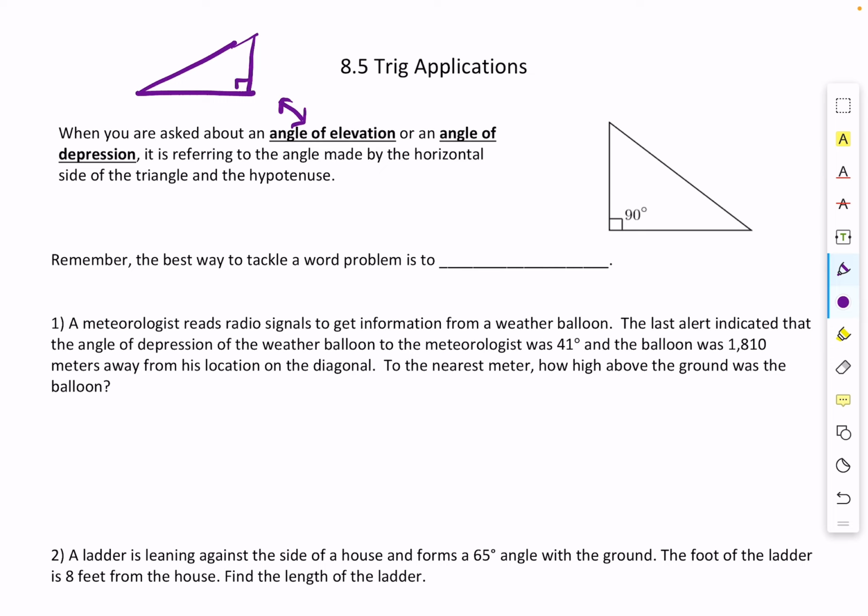Again, you always start with the horizontal, and then the angle of depression opens down. Always start with the flat line like the ground. Think of it horizontal like horizon. Remember, the best way to tackle a word problem is to draw a picture.